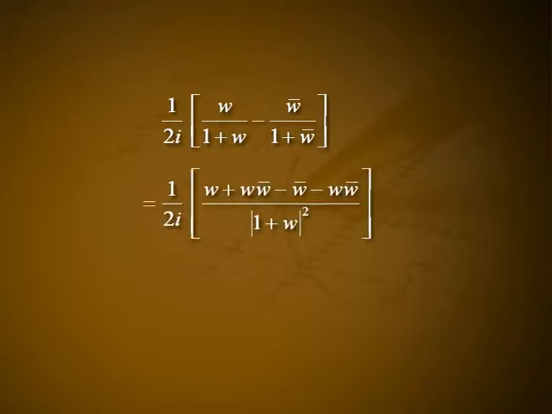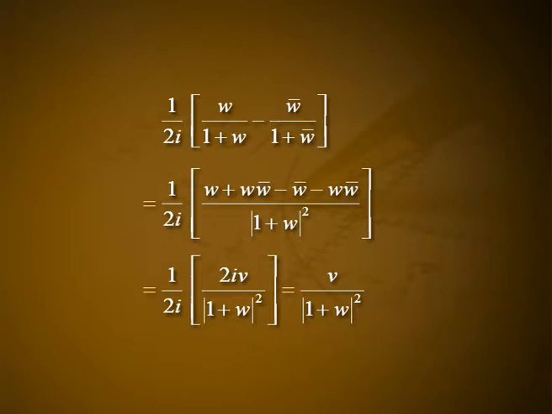We know that y = (z − z̄)/2i, that is equal to 1/2i × [w/(1 + w) − w̄/(1 + w̄)], which is equal to 1/2i × (w + w w̄ − w̄ − w w̄)/|1 + w|², which is equal to 1/2i × 2iv/|1 + w|², which is equal to v/|1 + w|².